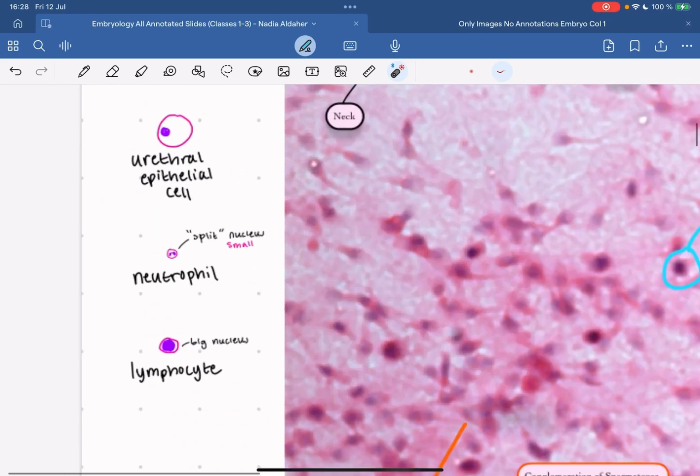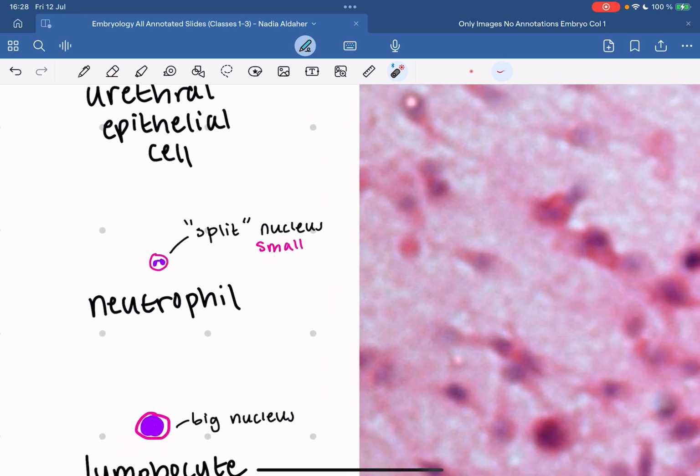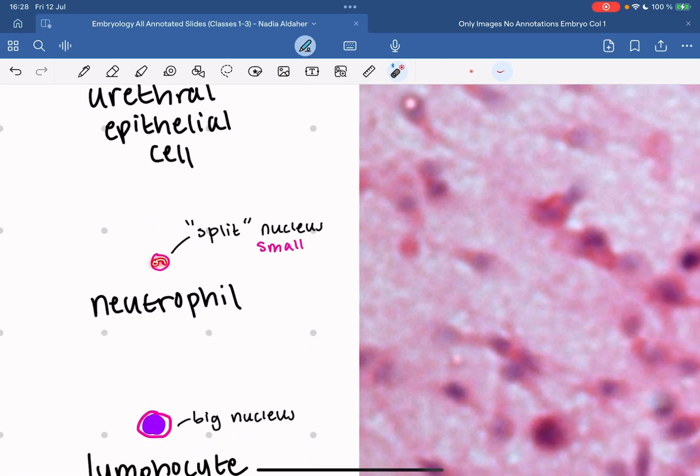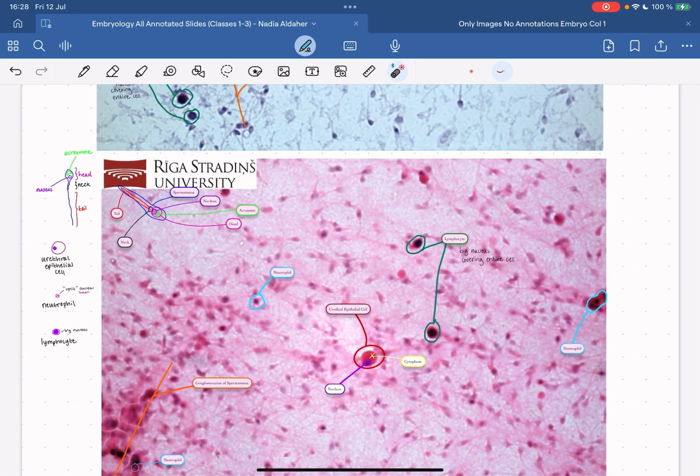Now we have another type of cell called the neutrophil. The neutrophil is smaller than the lymphocyte and it has this split-like nucleus, almost looking like the character Baymax. Take this with a grain of salt, but I doubt you'll get the neutrophil in your practical colloquiums. Why?